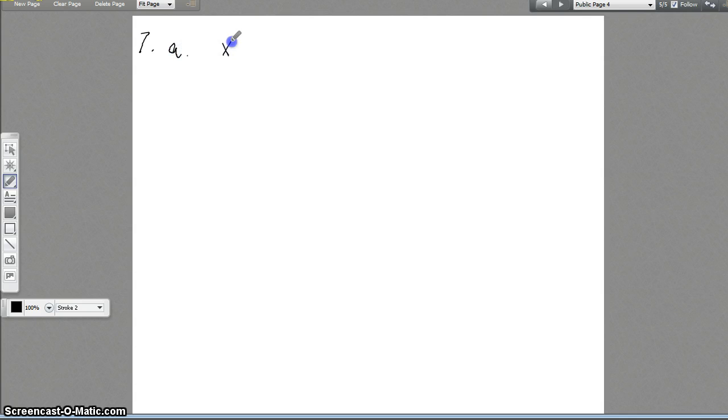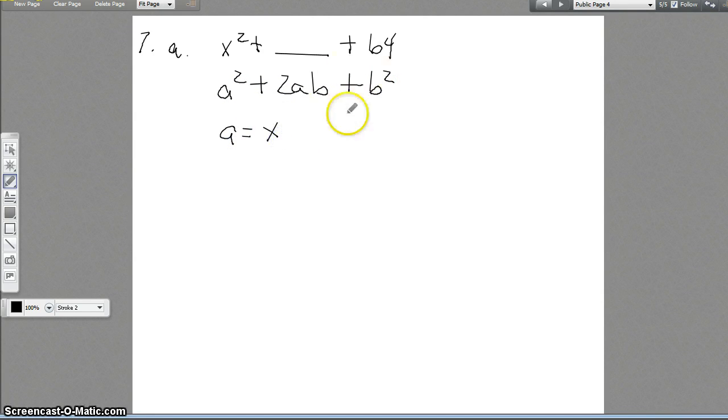Part A, we have x squared plus something plus 64. Okay, you know that the form for these is a squared plus 2ab plus b squared. So if we look at this, we can see that our a has to be x, and our b has to be 64, and I'm sorry, my 6 looks a lot like my b.